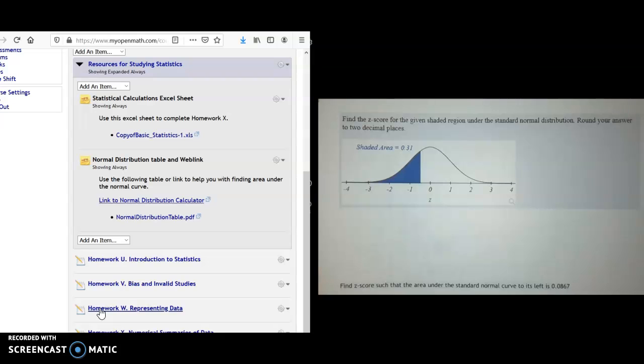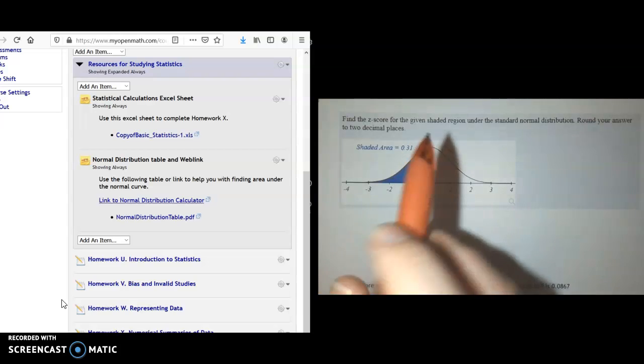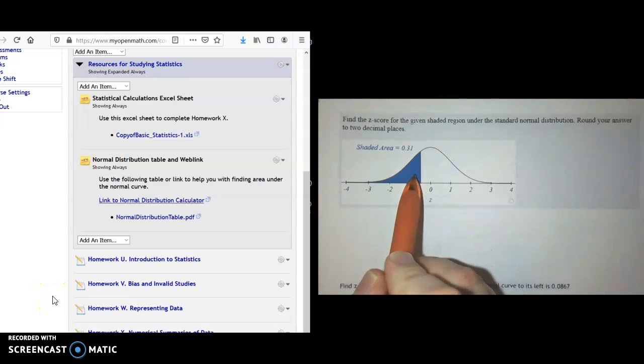So what we want to do now is sort of do the opposite of what we did in the last video. We want to find the z-score given the area of the shaded region.